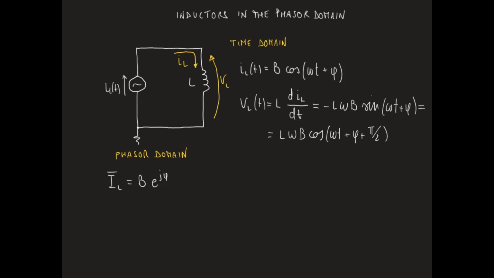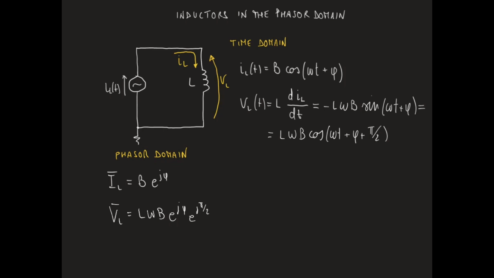On the other hand, the sinusoidal voltage VL across the inductor will be represented in the phasor domain by VL bar, which is equal to the inductance L times omega times B times e to the j phi times e to the j pi by 2.